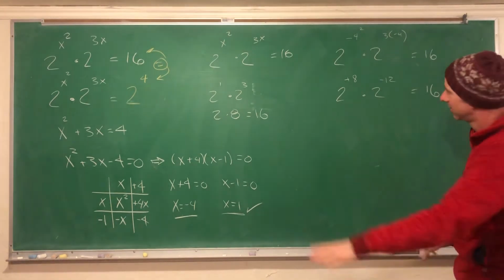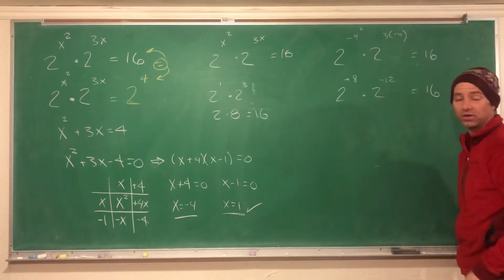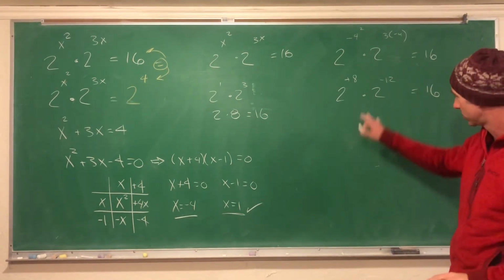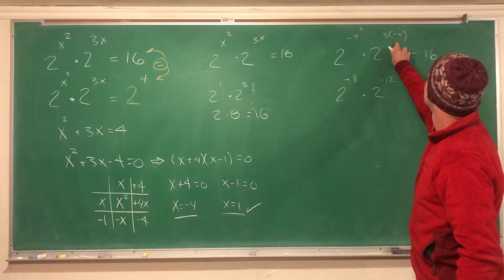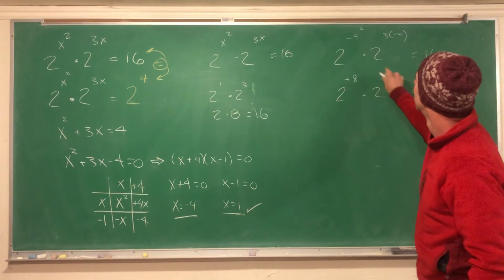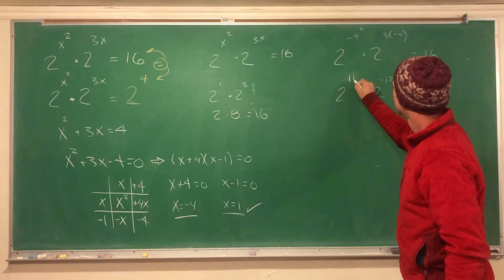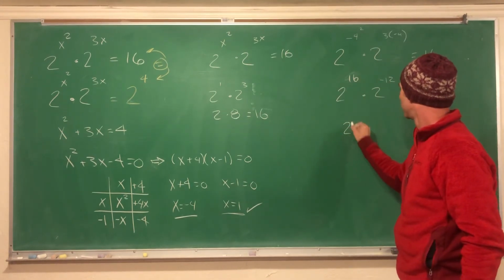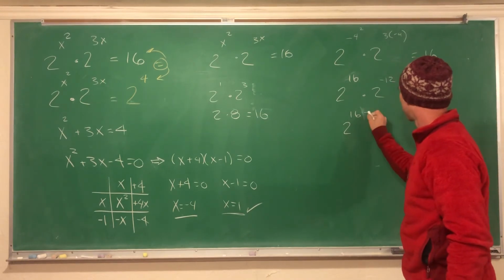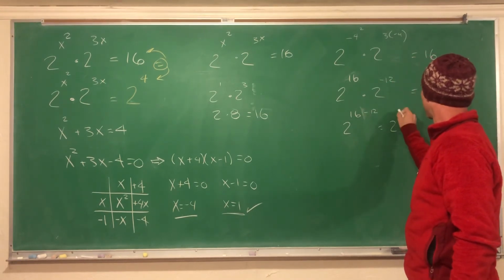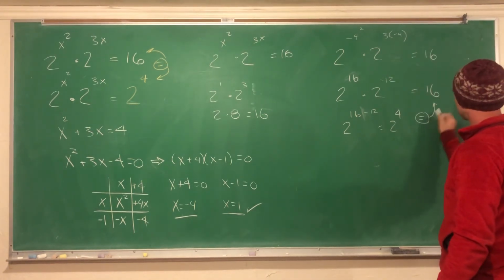I do not want to try to find 2 to the 8th or 2 to the minus 12. We're going to avoid actually calculating those. 3 times negative 4 is negative 12. Negative 4 squared is 16, I'm sorry. So I have 2 to the 16 minus 12, which is 2 to the 4th, and 2 to the 4th equals 16.